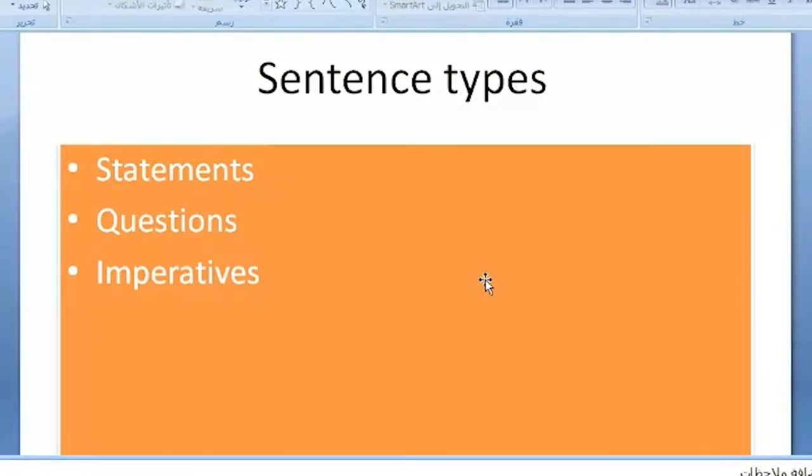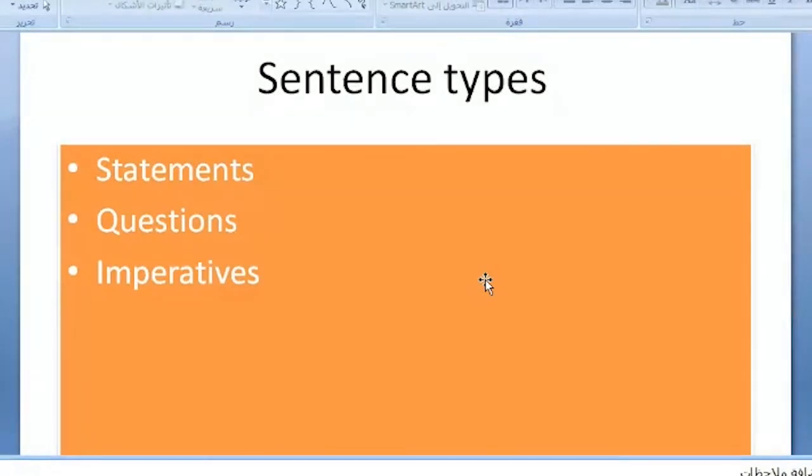As far as the simple structure is concerned, statements start with the subject. Questions start with a WH word or an auxiliary. Imperatives, they start with the bare infinitive or negative infinitive. As simple as this.